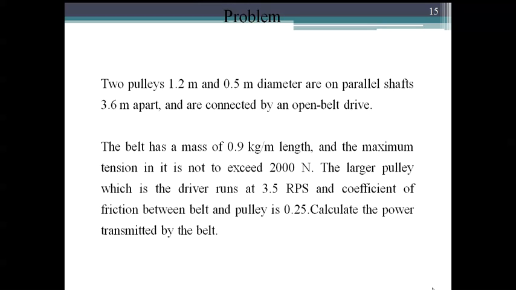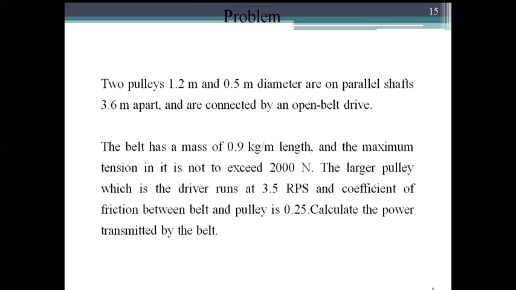Two pulleys of 1.2 meter and 0.5 meter diameter are on parallel shafts 3.6 meter apart, connected by an open belt drive.